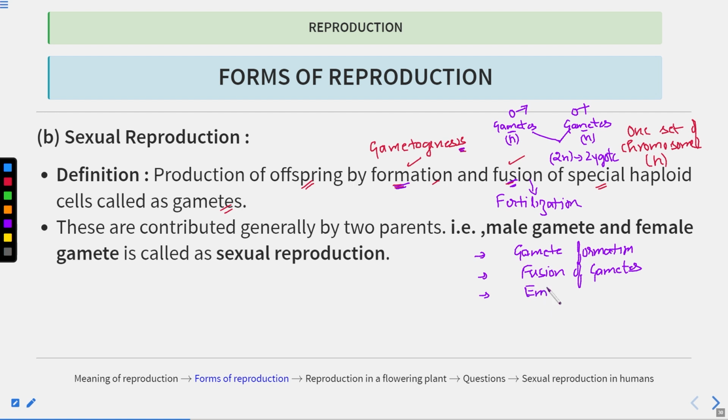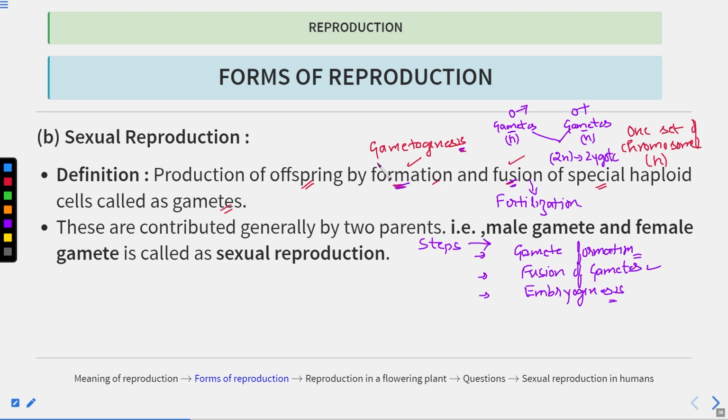You can say embryogenesis. The embryo formed after the fusion of the gametes will differentiate and give rise to the entire organism. These are the major steps involved in sexual reproduction.